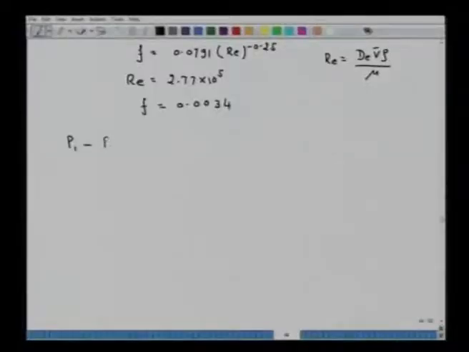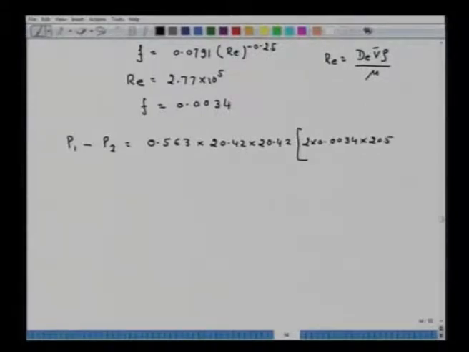So, if I do that, then P1 minus P2, that is the pressure differential, is 0.563 into 20.42 into 20.42, 2 into 0.0034 into 205 plus 0.2 plus 0.7.